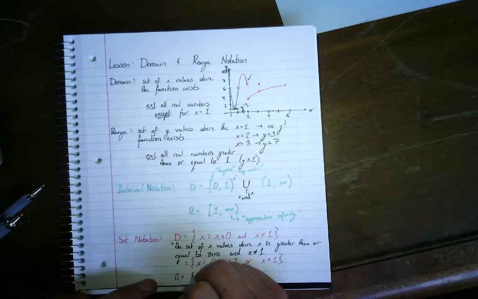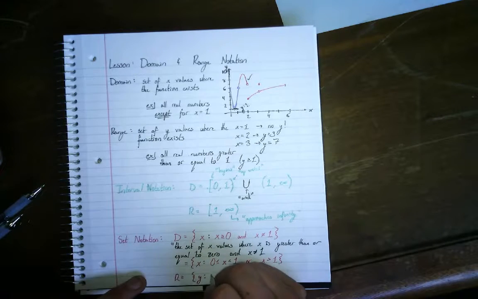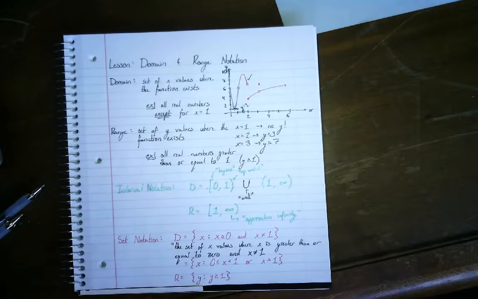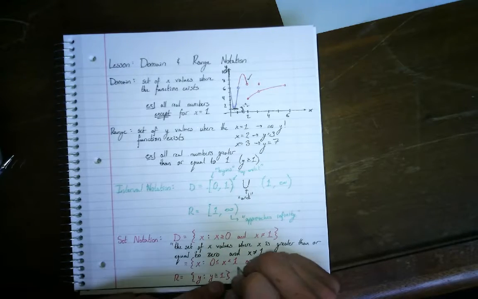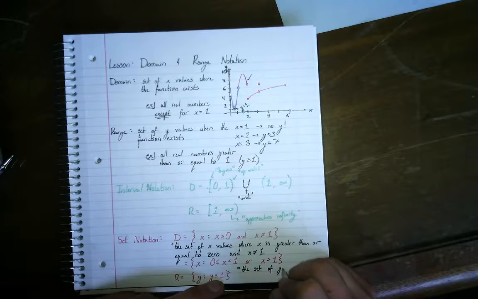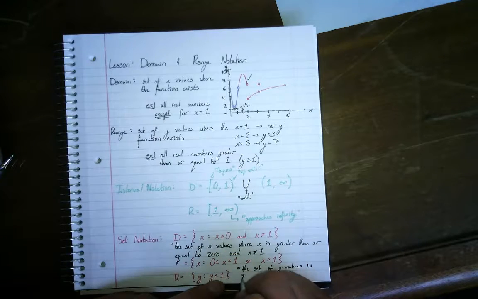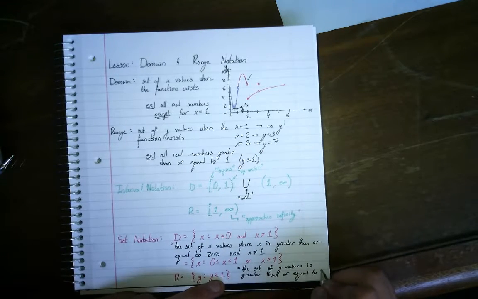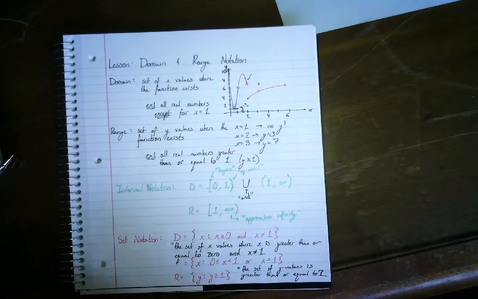It's saying the set of y values where y is greater than or equal to 1. So the set of y values is greater than or equal to 1. And that's all there is to it.